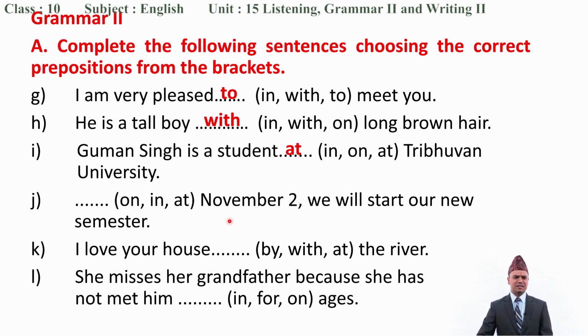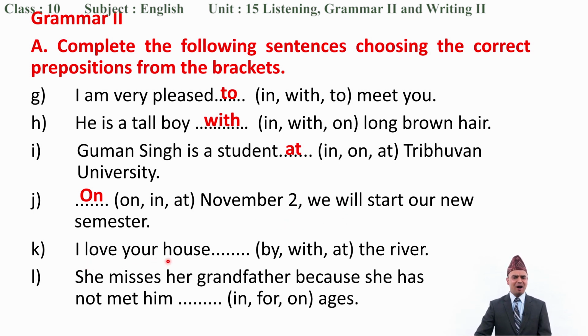Here again, date, November 2. Remember, in date, what do we use? In, on, at. What? Good guess. Very good. On. We have to use on for date. We'll start our new semester on November 2.